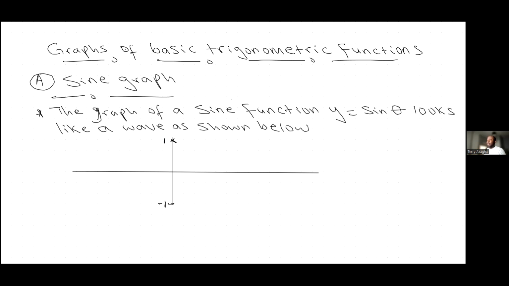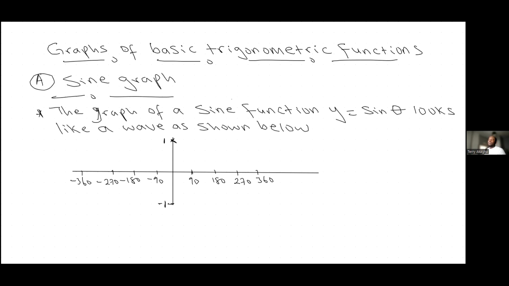Let's say this is 90 degrees, this is 180 degrees, this is 270 degrees, and this is 360 degrees, and you can keep on going. You can also do this in the negative axis: this is -90, -180, -270, and -360. So this is one revolution in the positive and one revolution in the negative.